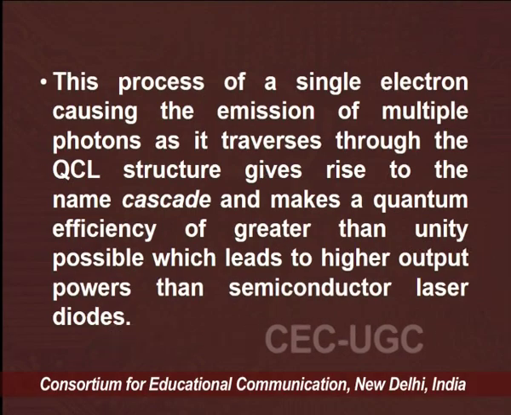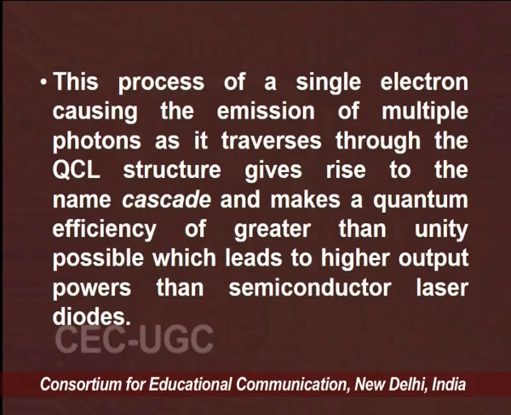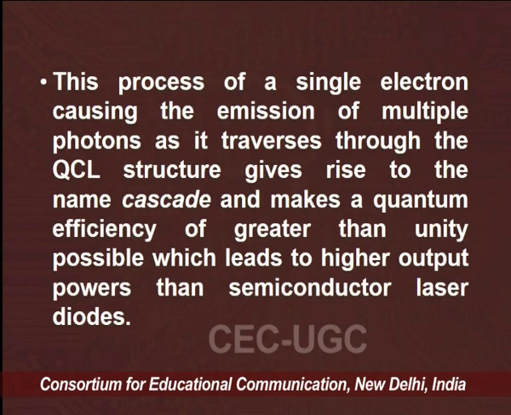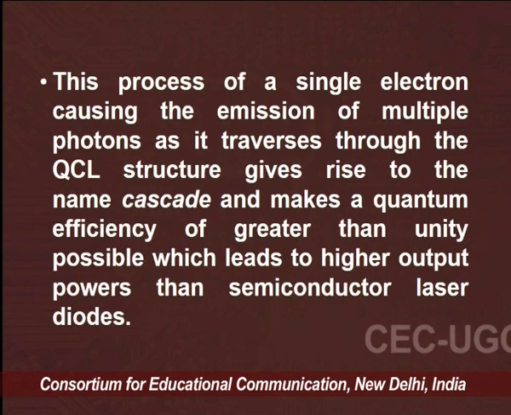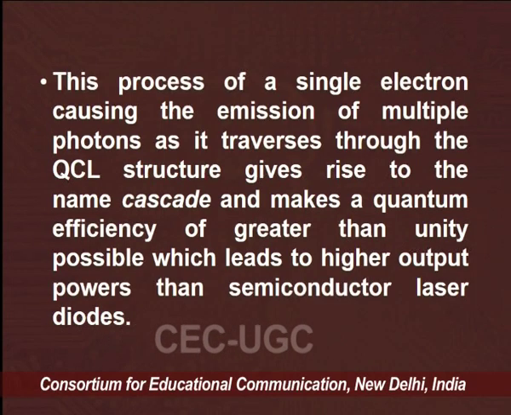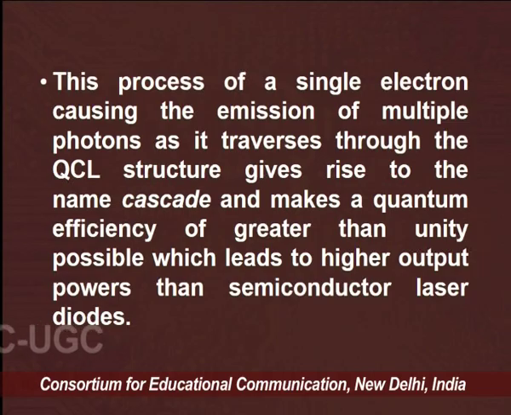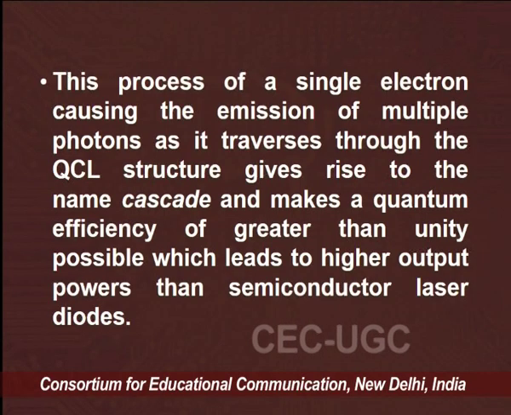This process of a single electron causing the emission of multiple photons as it traverses the QCL structure gives rise to the cascade, as the name suggests, and makes a quantum efficiency greater than unity possible, which leads to higher output power than the conventional semiconductor laser diode.